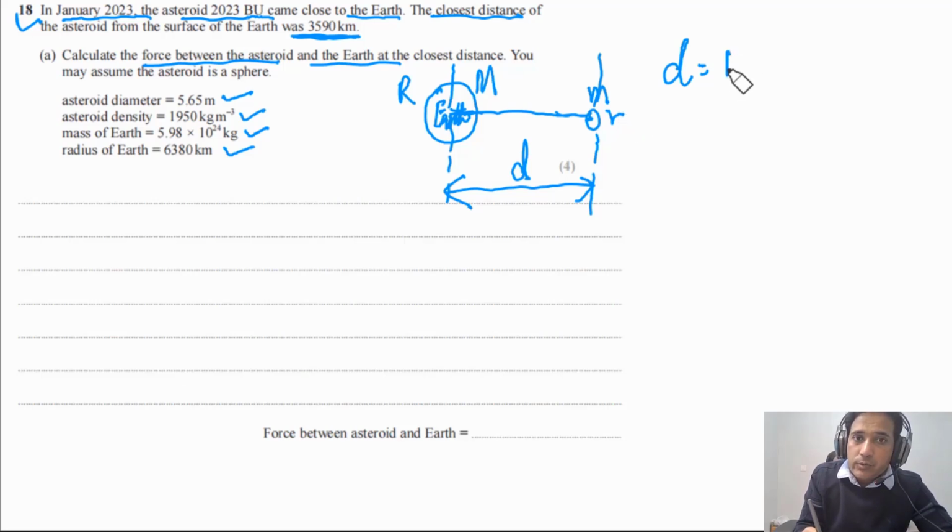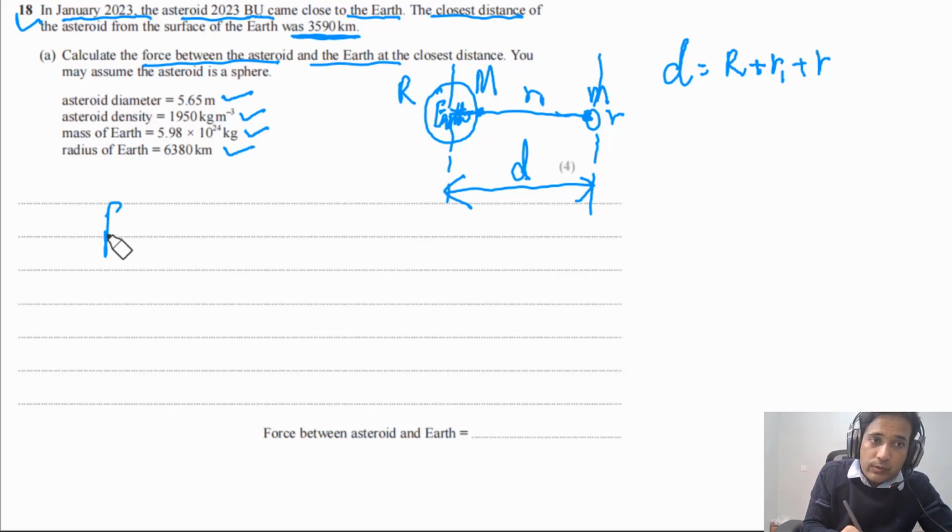So d will be equal to capital R plus, let's say this distance is R1, the distance from the surface of Earth to the surface of this asteroid. So we can say that is R1 plus r, this one. So this is the distance from center to center.